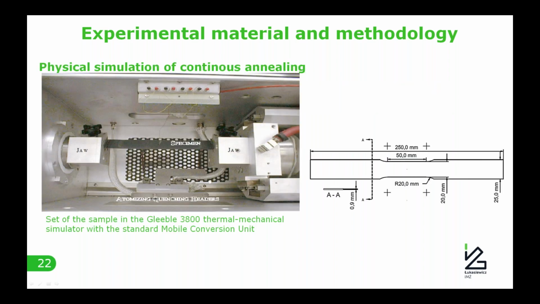The samples machined from the cold rolled sheet were subjected to heat treatment reproducing the continuous annealing and galvanizing process using a Gleeble 3800 simulator with the standard mobile conversion unit. The geometry of the samples applied for the simulations is presented in the figures. This shape allows the tensile strength to be directly measured after the simulations are completed.